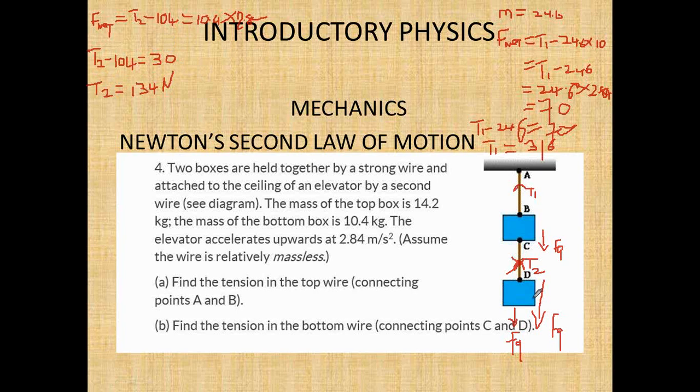Okay, so we solve for the tension between the elevator and the top box, and we solve for the tension between the top box and the bottom box. So the important thing is everything is going to travel at the same velocity. They're going to have the same acceleration.